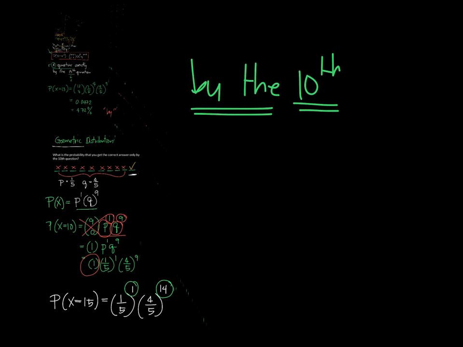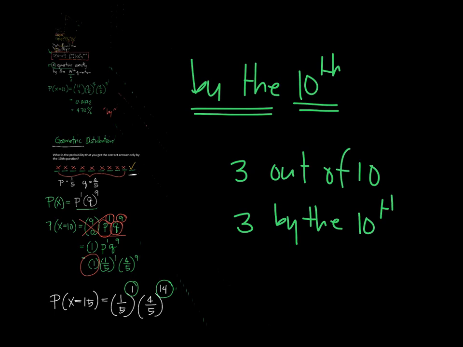If we are to complete a number of successes by a certain number, then that means it's a negative binomial distribution. But if our goal is to get, say, a number of successes 3 out of 10, that's different to 3 by the 10th. See, the two statements are different.